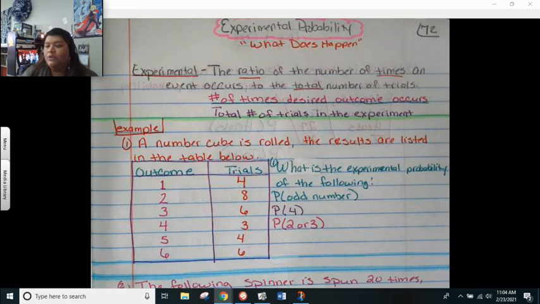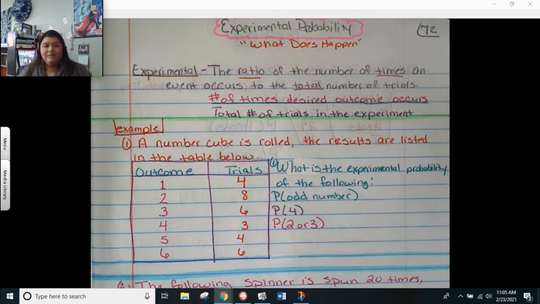I flipped the coin 20 times. 10 times I landed on heads. The other 10 times I landed on tails. Sometimes it's not going to be exact. So theoretical probability is like in a perfect world, this should happen. Experimental is close to it. If I do enough experiments, enough trials, we call them, eventually I will get very close to the perfect theoretical probability.